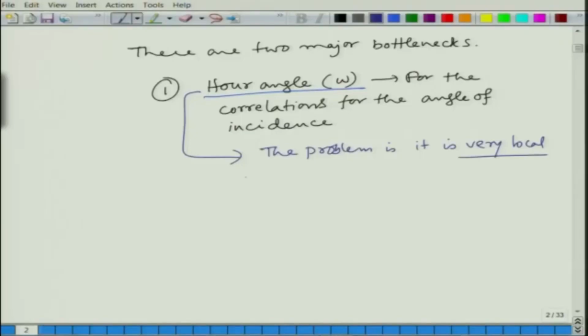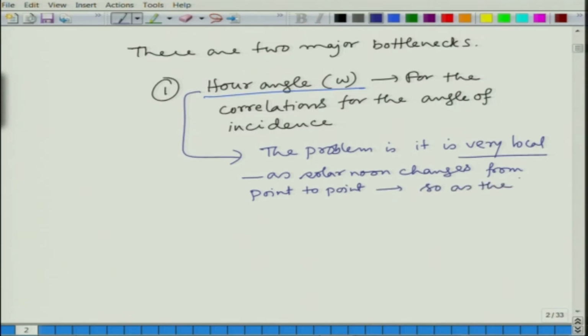So, as solar noon changes from point to point, so does the hour angle.